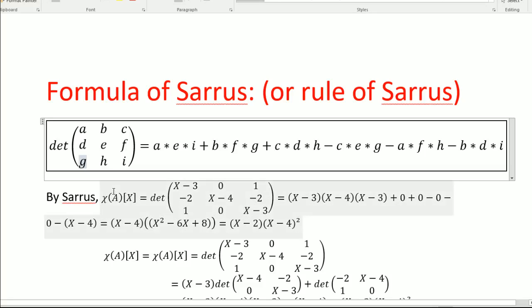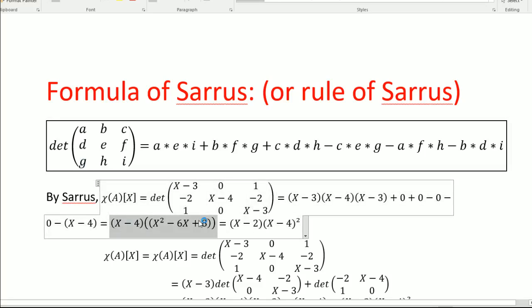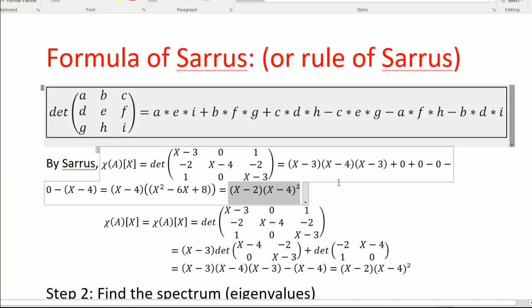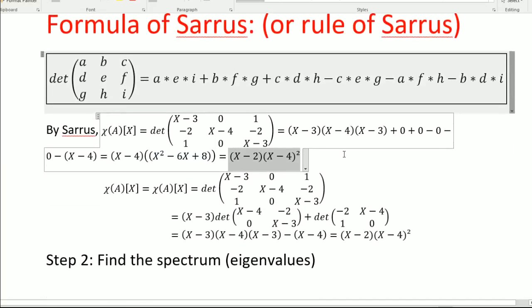By Sarrus, we do that and we get that. So I just simplify and we get this, so x minus 2 times x minus 4 squared. So this is the first method.